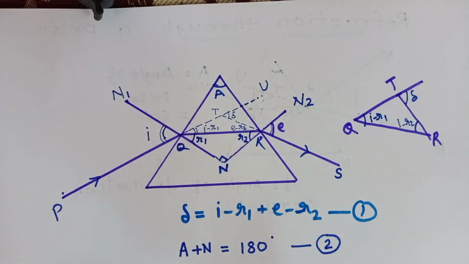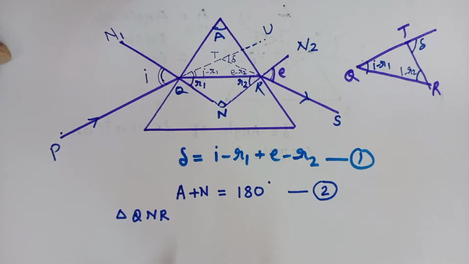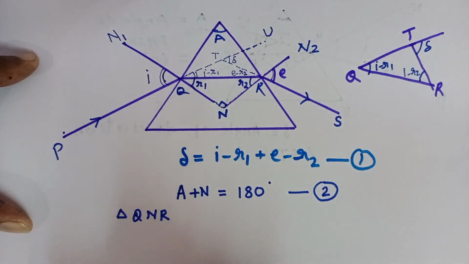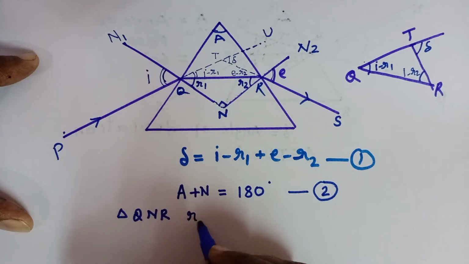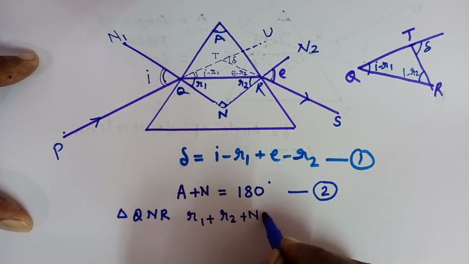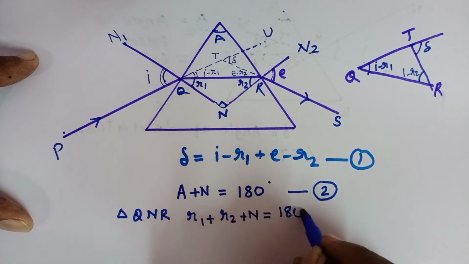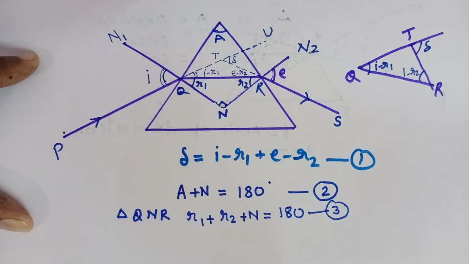Similarly, in this triangle QNR, R1 plus R2 plus N equals 180 degrees, the sum of three angles.